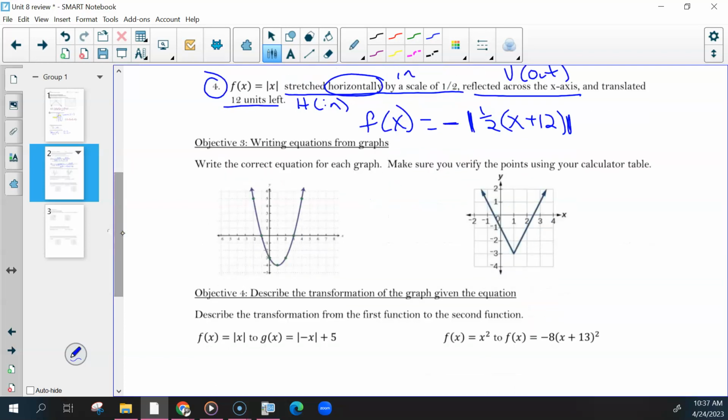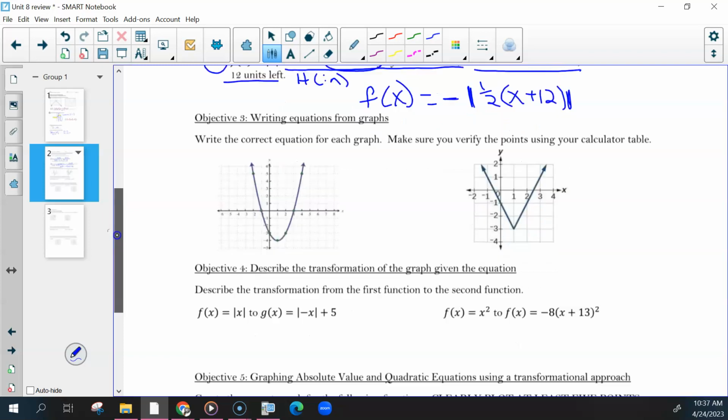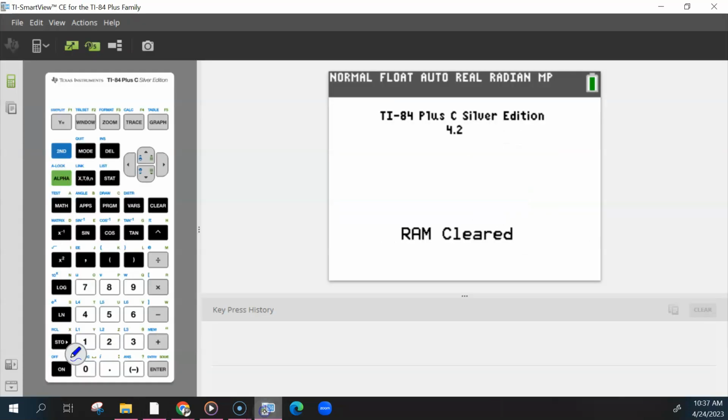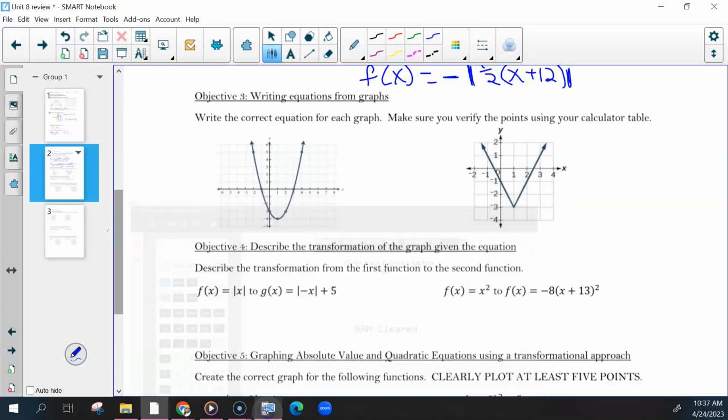Objective 3 is taking the graphs that are given and writing them into equations. So you have to think about your parent function. If you don't remember what that looks like or what those points are, you can always put it in your calculator. So first, is this your x squared function or your absolute value function? Absolute value is your V. This is your x squared.